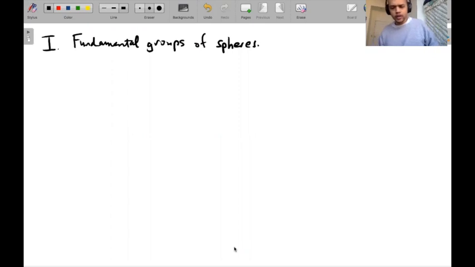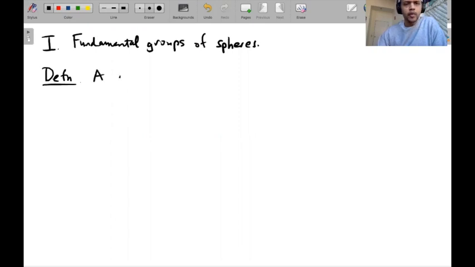Okay, so our next goal is to do some fundamental group computations. Specifically, compute fundamental groups of spheres, which we'll start today. So a definition.